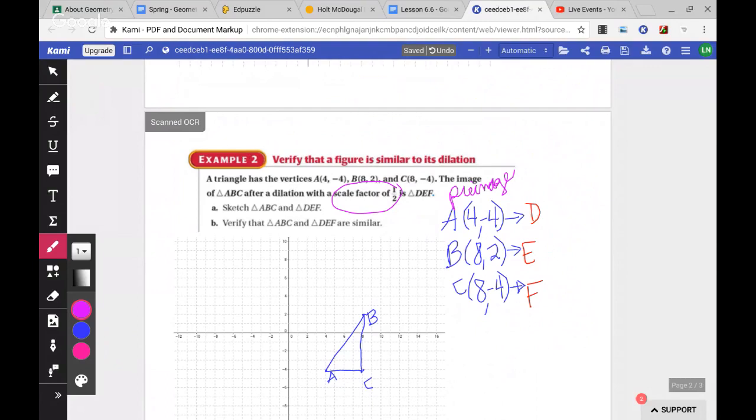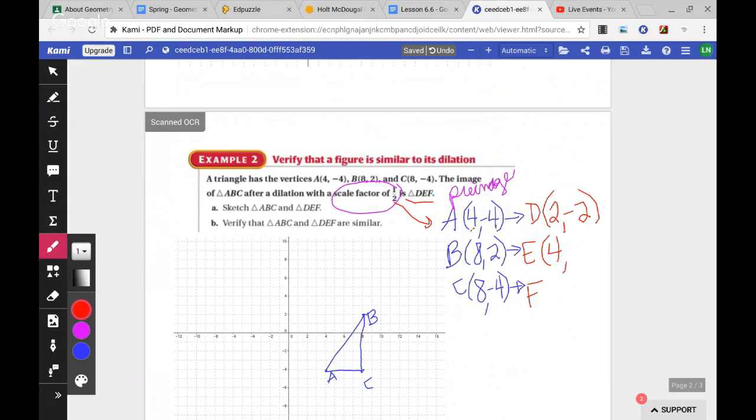So let's get our new coordinates for D, E, and F. It told us what to name it in the problem. So we're going to multiply each of these times this scale factor. So half of 4 is 2, half of -4, -2, and so forth.